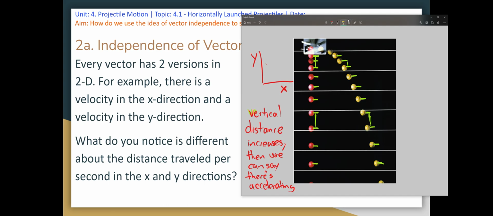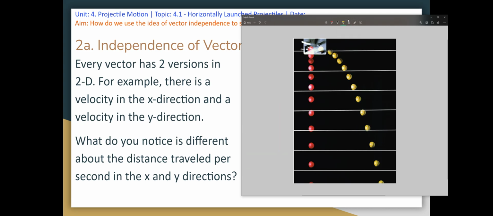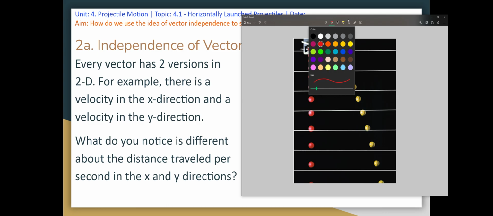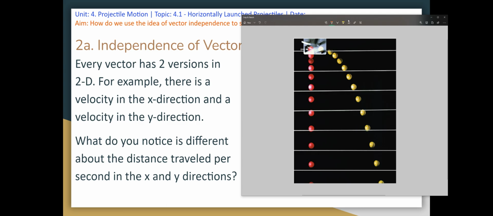But let's take a look at our horizontal distance traveled for the yellow ball. So here, here, here, and here, you take a look at our horizontal. And when I say horizontal, I mean literally that, right? So you see the middle there, the horizontal.